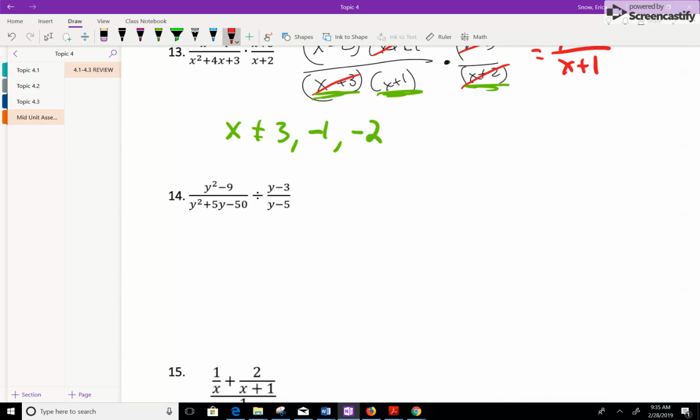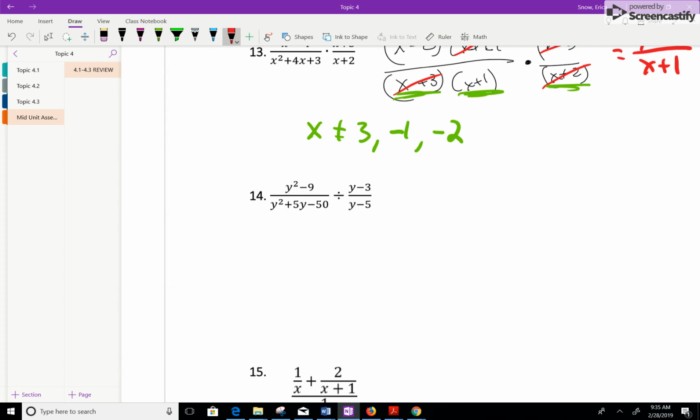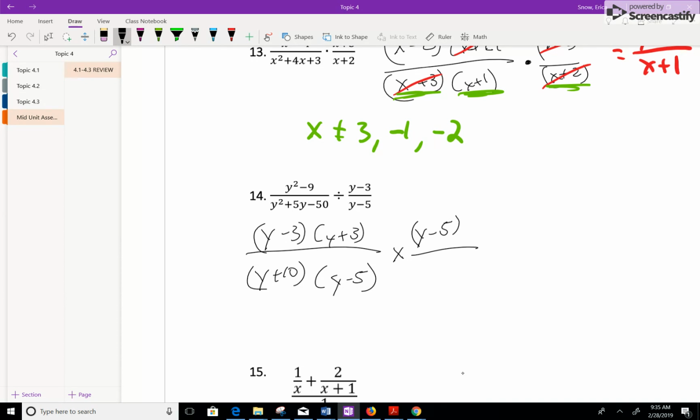Okay, 14. We're going to factor first. Y minus 3, y plus 3 over y plus 10, y minus 5. And then I'm going to go ahead and change this to multiplication and flip it. Y minus 5, y minus 3. And I'm actually going to take into account our restrictions first.